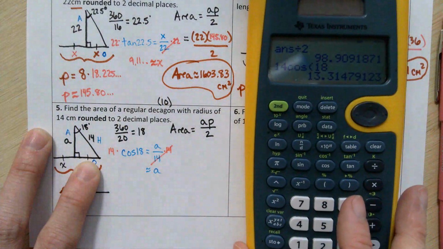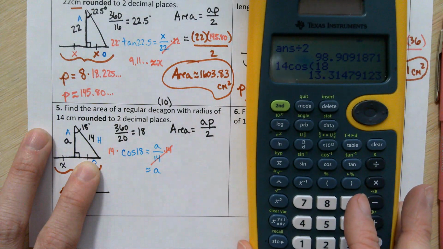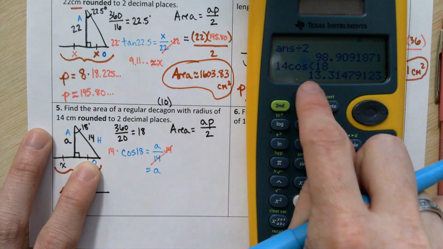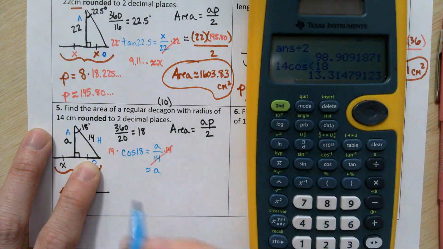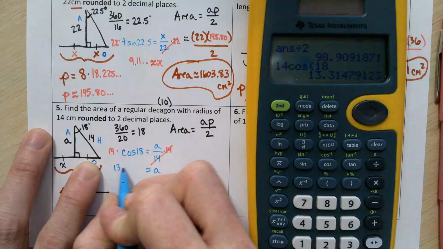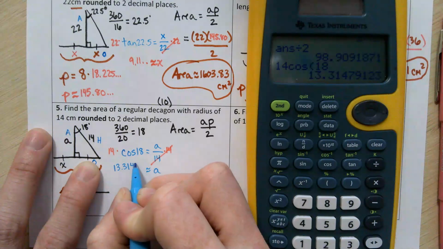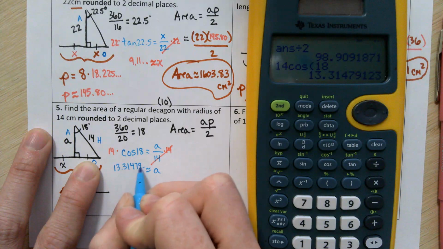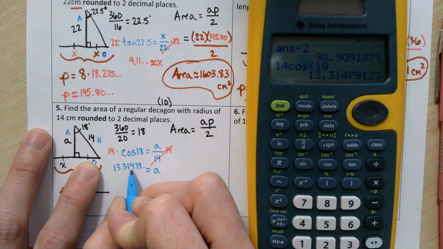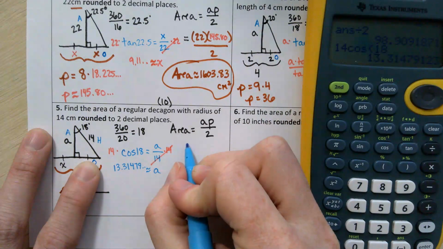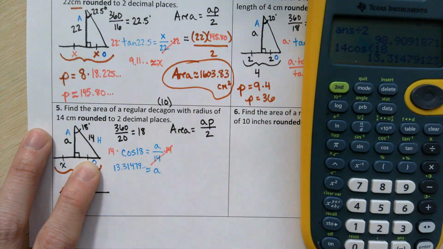Now, if you're really good at using your calculator, you might be able to leave this on here and do all the calculations for the x as well. But I have a feeling most of us, this is going to disappear. So because I have more to do and I don't want to end up with rounding error, I'm going to write a bunch of extra decimal places. So I'm going to go to 5, so 13.31479. And that's going to be my workaround for not being able to keep that apothem in my calculator to use later for the area calculation.